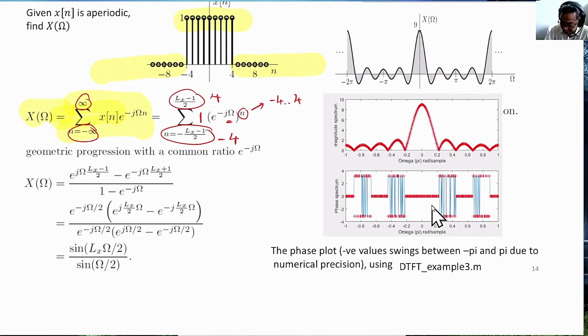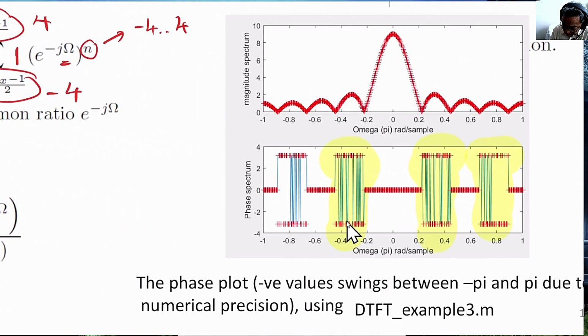You will see that my result is the same. The phase looks very strange. You'll be very suspicious of this, and you will see that the phase sometimes goes with positive values and sometimes negative values, and if you look at these values carefully, this is pi and this is -pi. So why does this have a positive pi and this sometimes a -pi?